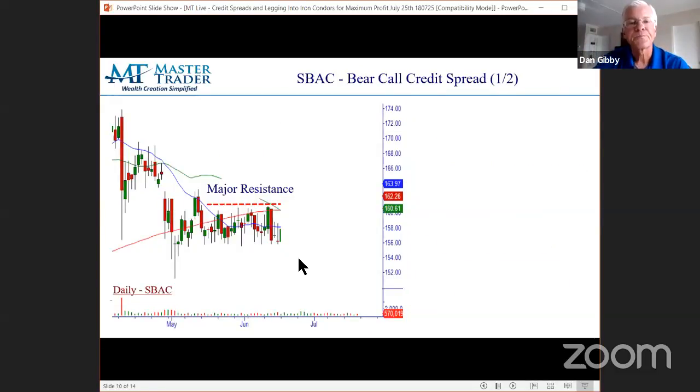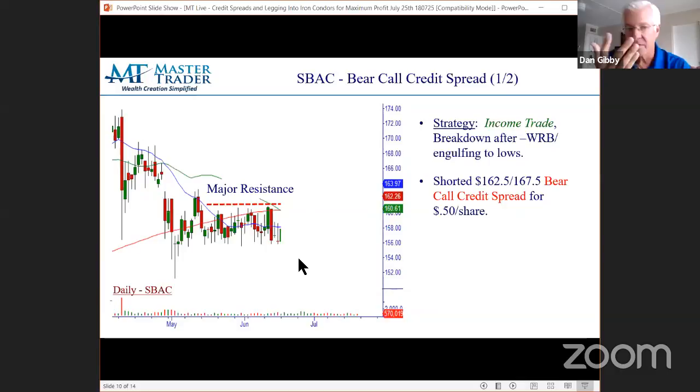Example 2, another trade of ours, SBAC. We started out with another bear call credit spread. With the most recent big green bar, and then the very next ugly red bar breakdown under the low of that, we said this stock's not going above 162.5.